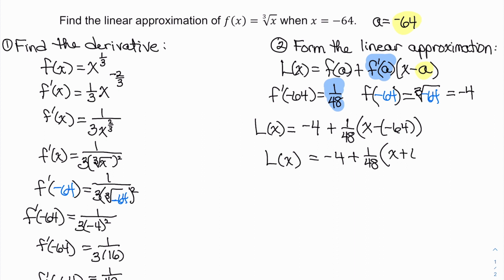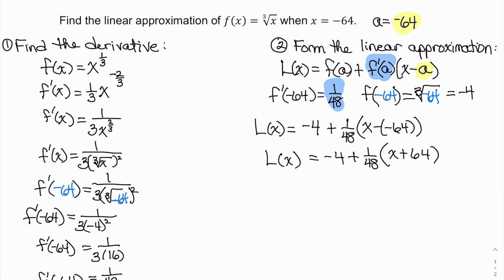And that's as far as we want to go with our simplification, because we want to remember that if we use this linear approximation to approximate an output of this function using the linearization, we need to make sure we only do it for x's that are close to the x value we used to create the linear approximation equation, the tangent line.